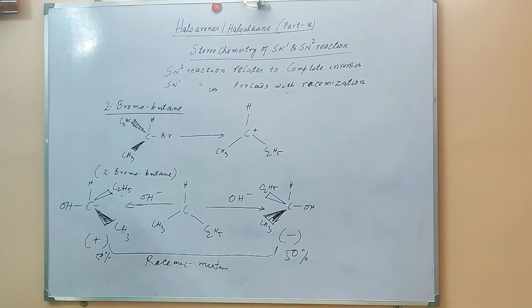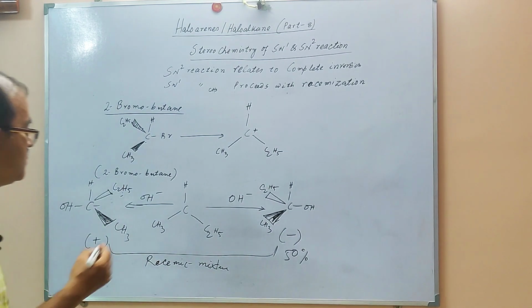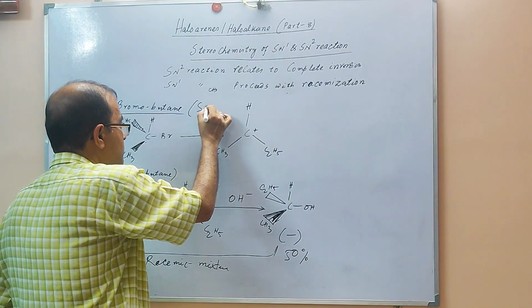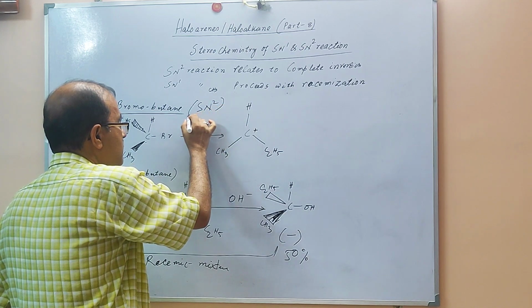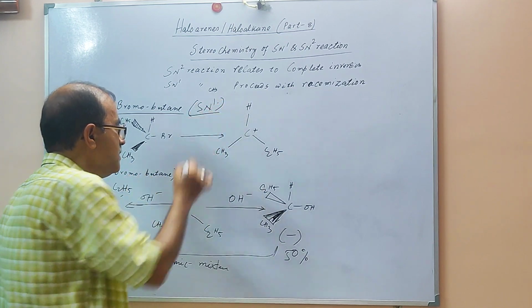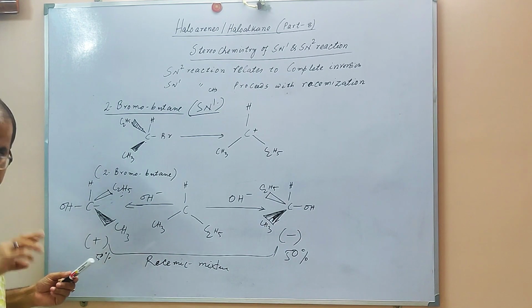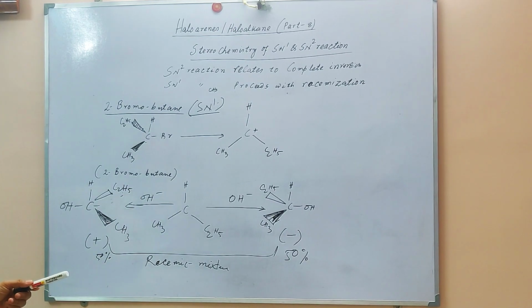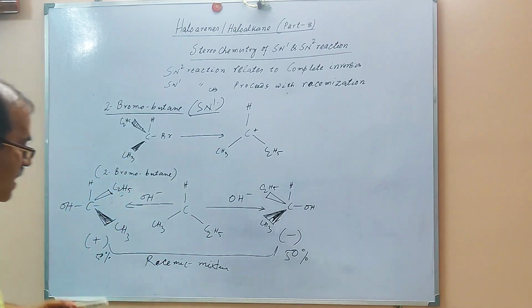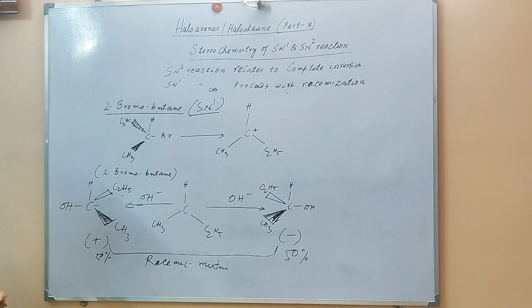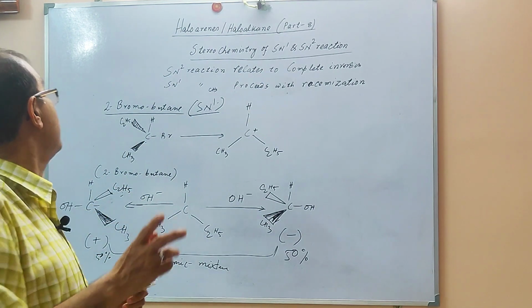So we can understand that in the Sn1 reaction there is a racemic mixture: 50% levorotatory and 50% dextrorotatory, and both rotations will be cancelled out by each other.